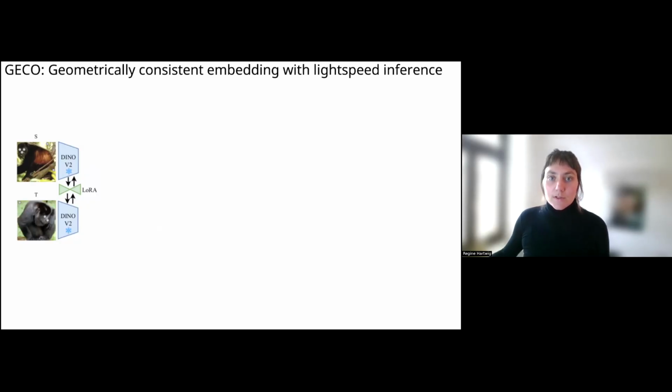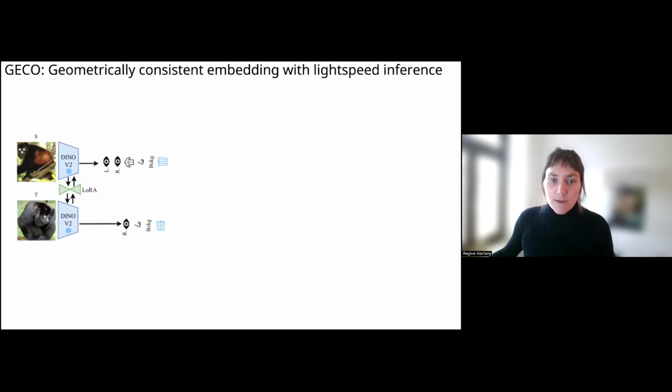Given 2 images, we consider their local image patches, and we pass them through the frozen DynaV2 feature extractor and a trainable, learnable LoRA module. The LoRA module is actually the only trainable part of our method.